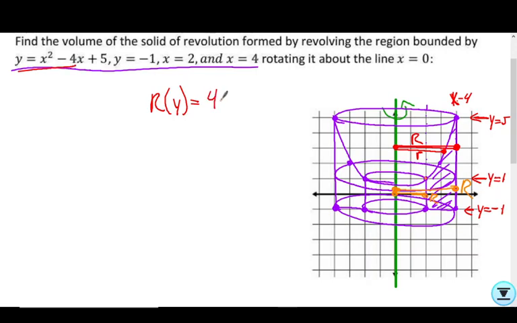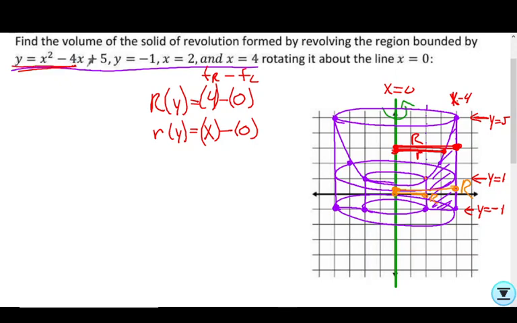My big radius is going to be 4 minus 0, because we're dealing with the function on the right minus the function on the left. So the right side is x equals 4, and this is x equals 0. Now the little radius is going to be the x value here, basically x minus 0, because this distance is my x distance, and it comes from this function up here.